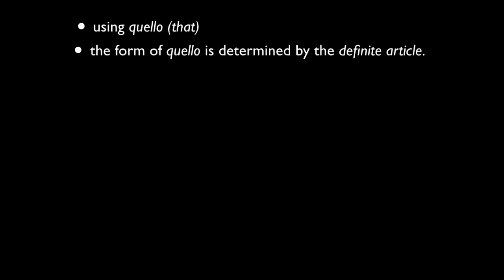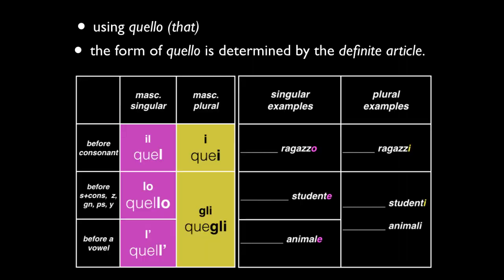Okay. Quello is not as straightforward, but if you know how to properly use your definite articles, that is what quello is determined by. So take for example, if you're using the masculine singular article that goes before a consonant, that would be il.